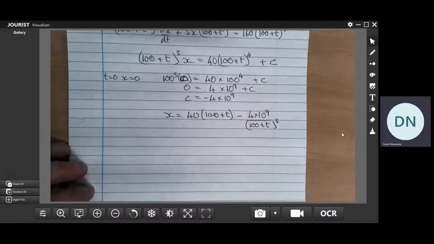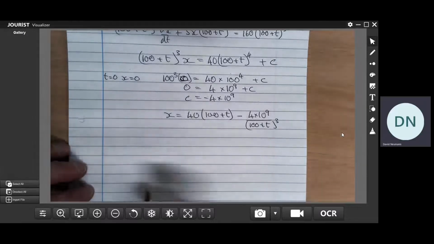For B now, we're asked to find the number of grams of copper sulfate after 6 hours.